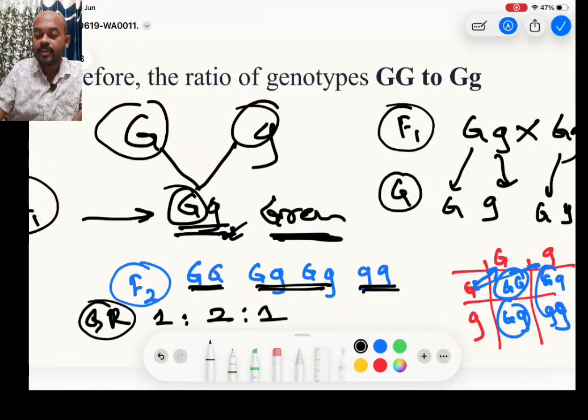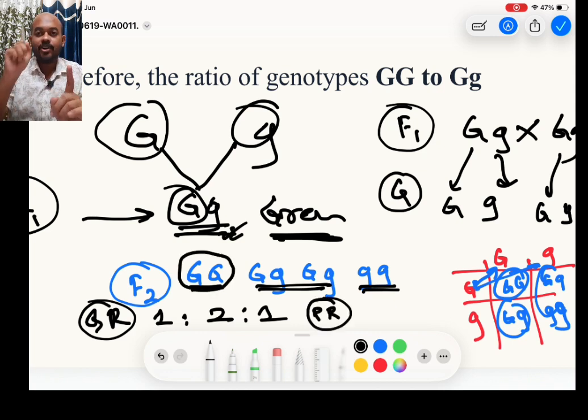Now, in order to find the phenotypic ratio, you have to write the characteristics. Always remember, when two dominants are there, the dominant gets expressed. When one dominant and one recessive are there, only the dominant gets expressed. Recessive gets expressed only when both are recessive. So capital G capital G means green in color.